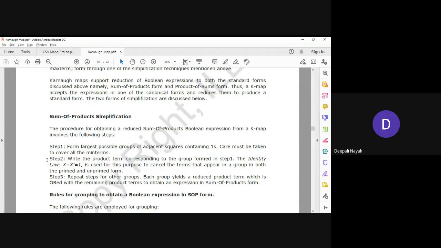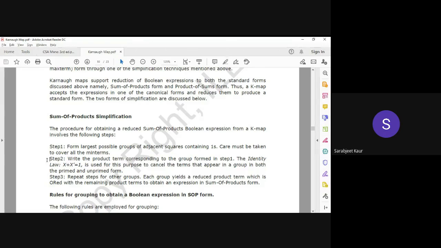Step 2. Write the product term corresponding to the group formed in step 1. So for each group that we have formed, the second step is to write a product term. I'm not saying minterm now. Initially, we started with a canonical form, the sum of minterms form.